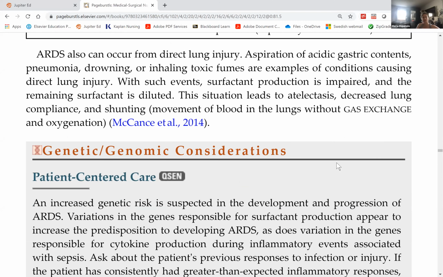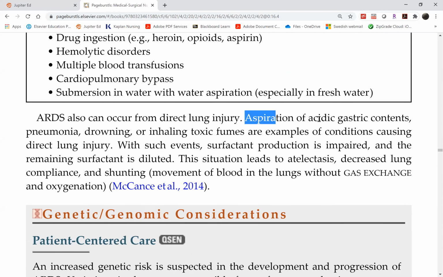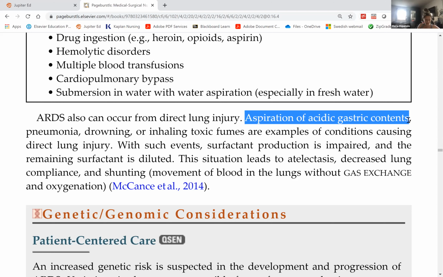And just like here also, so patients who aspirate, that's why we protect the patient from aspiration, especially the elderly or any unconscious, unresponsive patient. We take aspiration precautions, because imagine pouring acid down your lungs. Is that good? No.